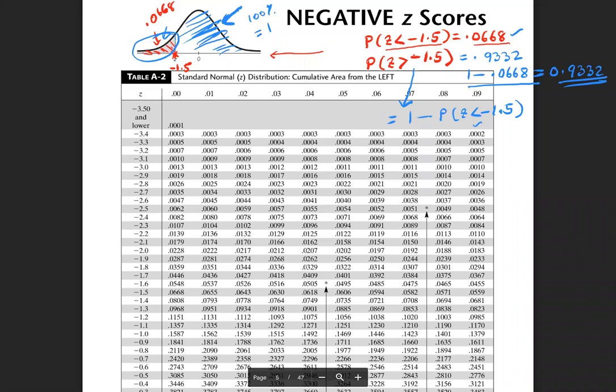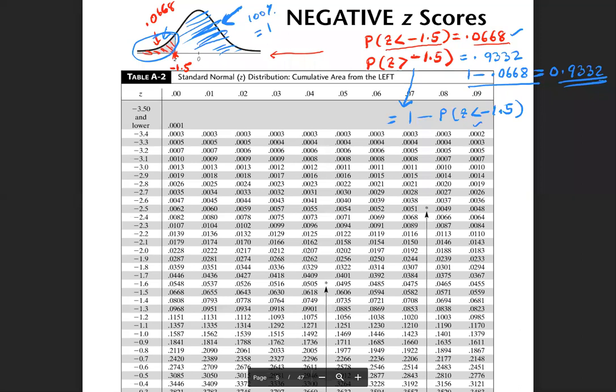The blue shaded region must be 1 minus the red shaded region. This is something you need to feel really comfortable about, going back and forth.